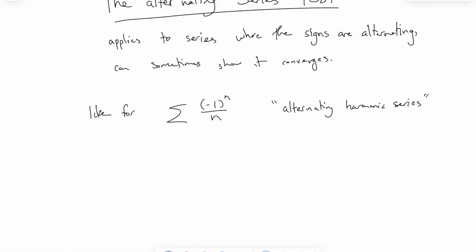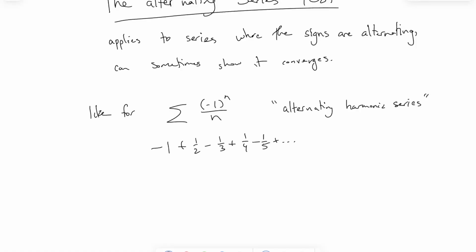If I didn't have the (-1)^n, like just 1 over n, that's the harmonic series. If you put (-1)^n up top, that is called the alternating harmonic series. If you were to write out the terms, it says minus 1 plus a half minus a third plus a fourth minus a fifth, etc. Right? That's the alternating harmonic series.